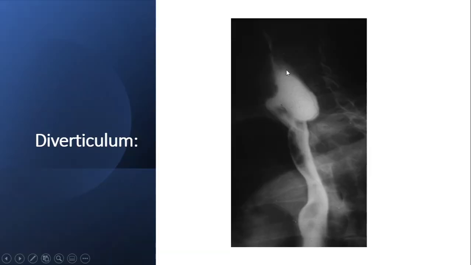Barium swallow showed dilatation, with an outpouching filled with contrast media in the upper part. So this is the pharyngoesophageal or Zenker's diverticulum, a bulging of the mucosa of the esophagus through a point of weakness in the pharyngeal muscles.